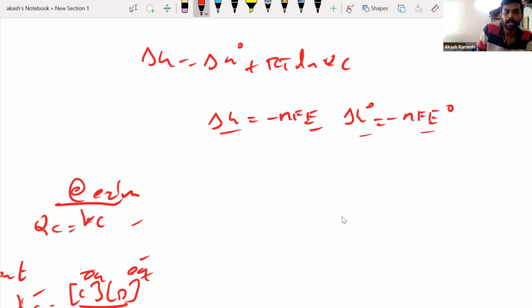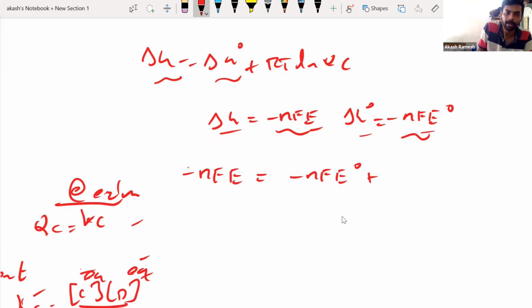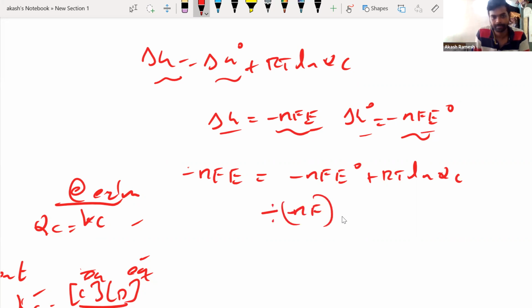Now let me plug these values into the equation. Minus NFE is equal to minus NFE naught plus RT ln QC. Now I divide the entire equation by minus NF.